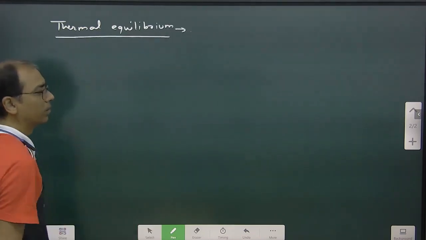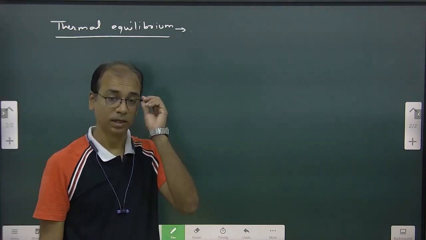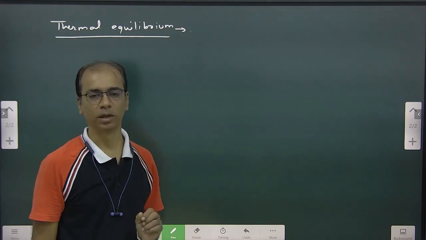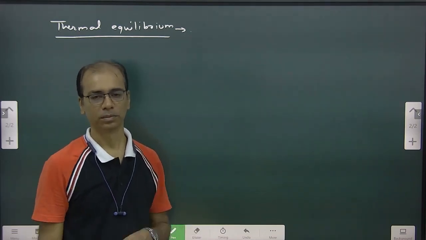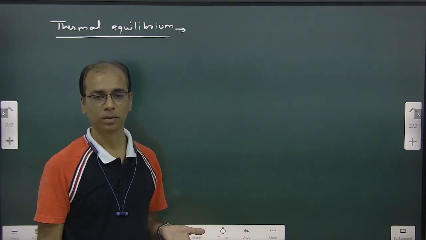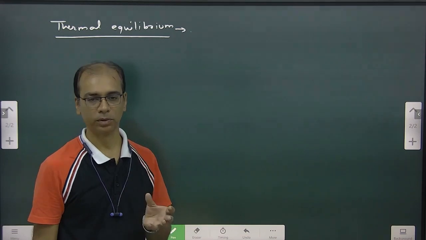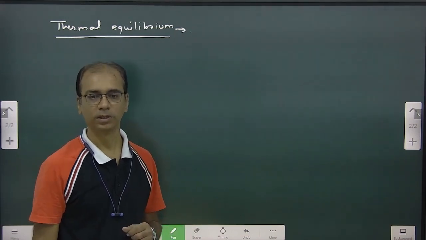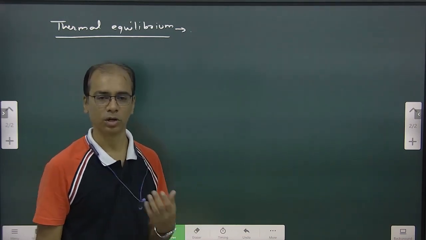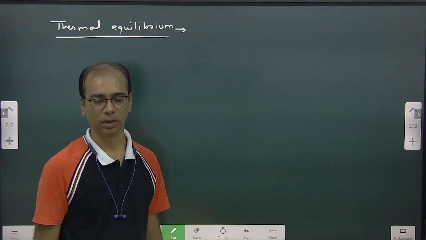Before thermal equilibrium, we have studied equilibrium in mechanics. What was equilibrium there? Net force is zero, translational equilibrium; net torque is zero, rotational equilibrium. If we combine both, we can say total equilibrium. Neither force nor torque is there. So thermal equilibrium means what?